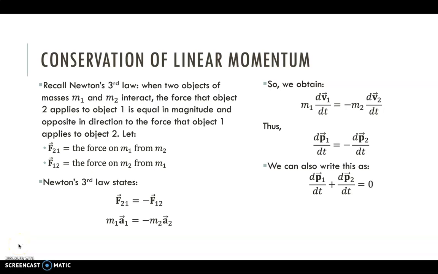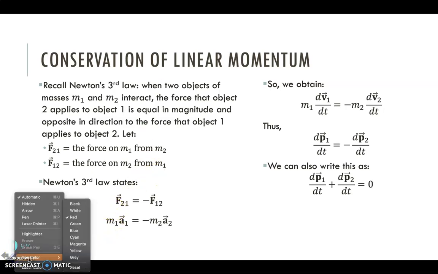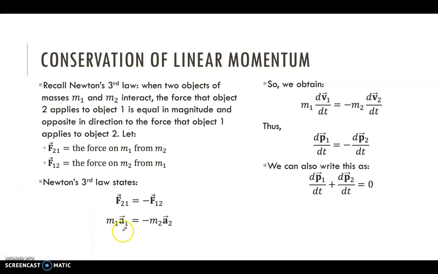Going to go ahead and continue our discussion on conservation of linear momentum. From Newton's third law, we get that the mass 1, or m1, times acceleration 1, or the acceleration of the first mass, is equal to minus m2 times a2. From that, we can obtain m1 dv/dt is equal to minus m2 dv/dt, for 1 and 2.